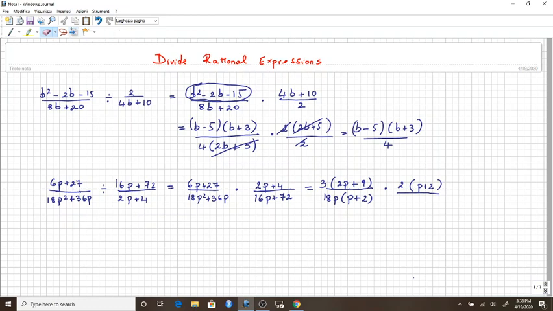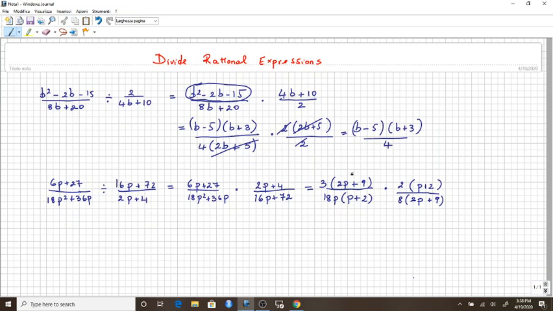So 72 divided by 16 is 4.5, so 72 is not divisible by 16, right? Actually an 8, sorry, an 8. Yeah, this should be an 8. So what we get is 8 times 2p plus 9, because 9 times 8 is 72.